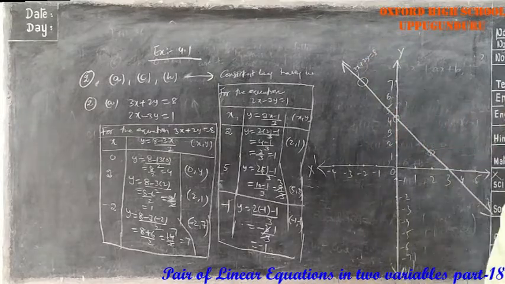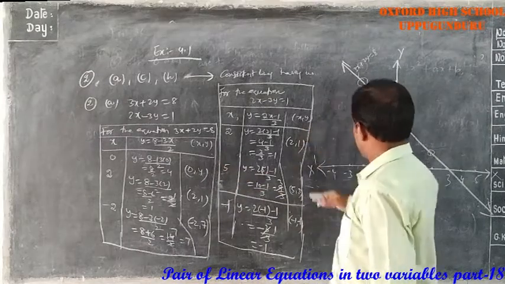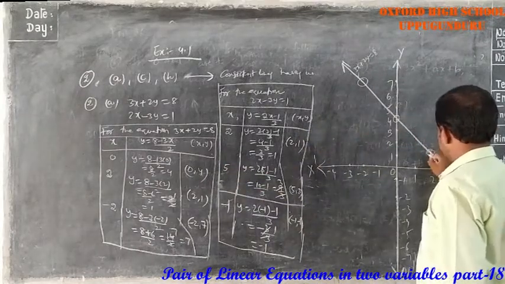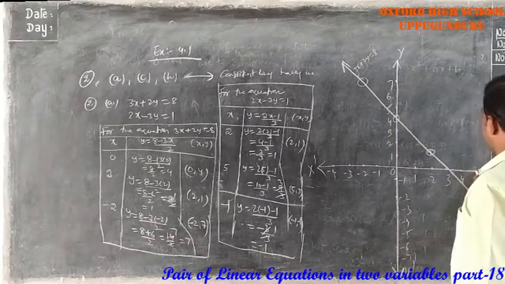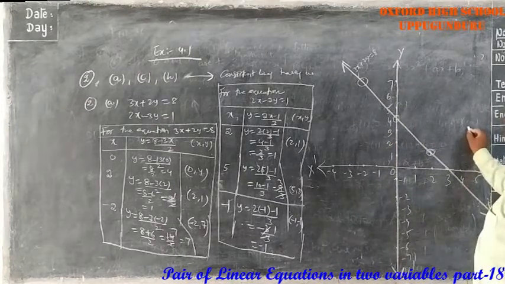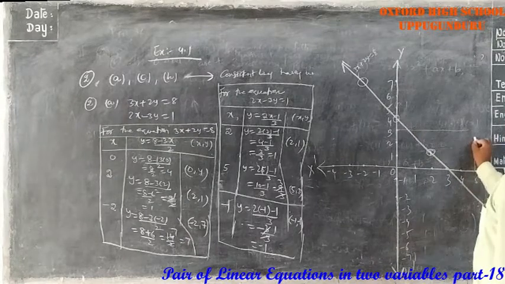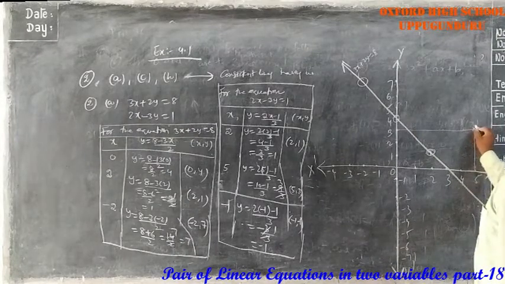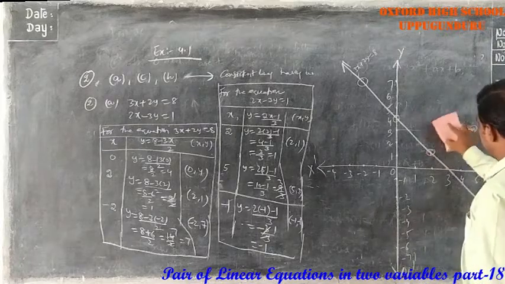This is the first equation. Similarly, I am representing the second equation now. 2 comma 1, same point. 5 comma 3: x value 5, y value 3. No need to draw these lines.